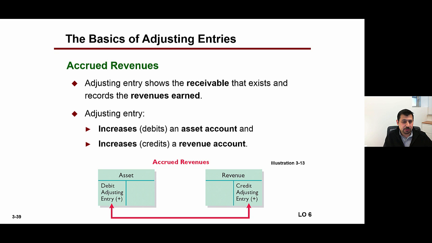We increase the asset by debiting it, and we recognize the revenue and increase it by crediting the revenue account. Here too, revenues were understated because we hadn't recognized this revenue before the adjusting entry. As a result, the net income also was understated before the adjusting entry.